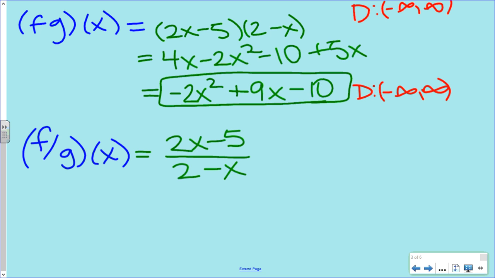Okay? These 2's don't cancel out. Those x's don't cancel out. The only time you can simplify a fraction is if you have terms separated by factors.